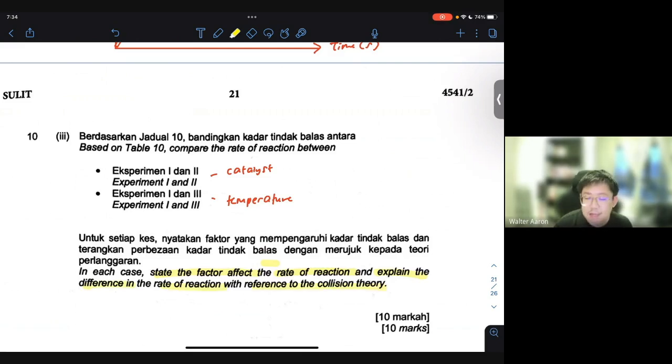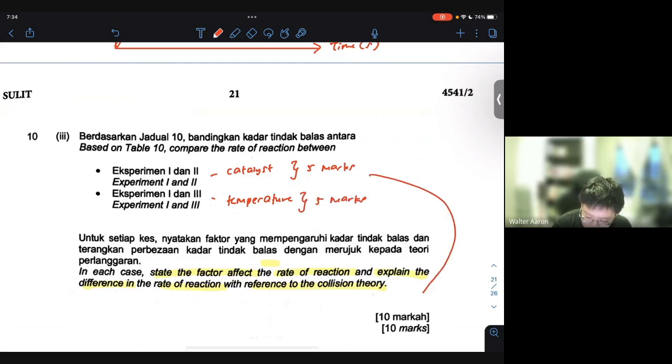So it's very simple. If you remember what the collision theory is, then it shouldn't be a problem. We're going to compare in different sections: for the catalyst we'll describe around 5 marks worth of answers, and for the other part another 5 marks, so that we'll get 10 marks in total.